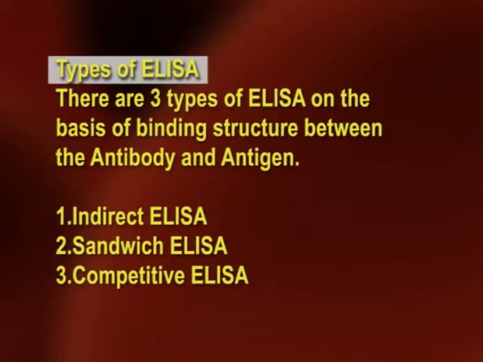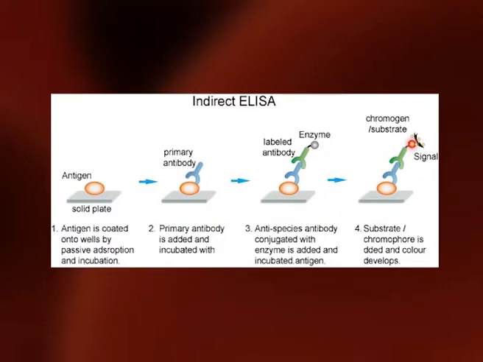Antibody can be detected or quantitatively determined by indirect ELISA. In this technique, antigen is coated on the microtiter well. Serum or some other sample containing primary antibody is added to the microtiter well and allowed to react with the coated antigen. Any free primary antibody is washed away and the bound antibody to the antigen is detected by adding an enzyme conjugated secondary antibody that binds to the primary antibody.